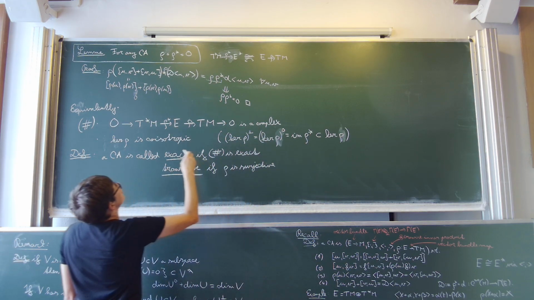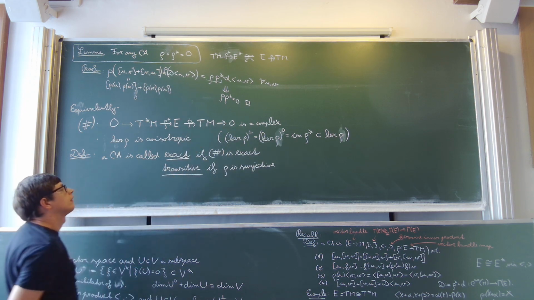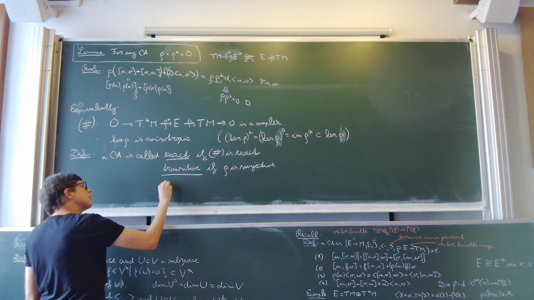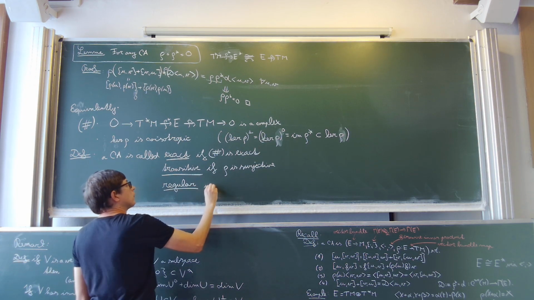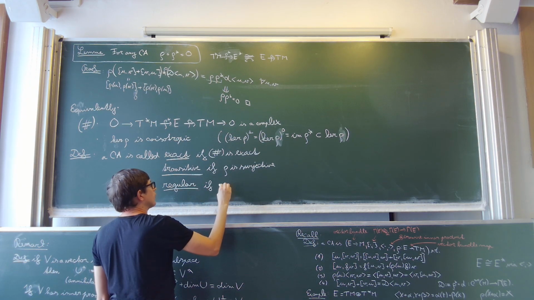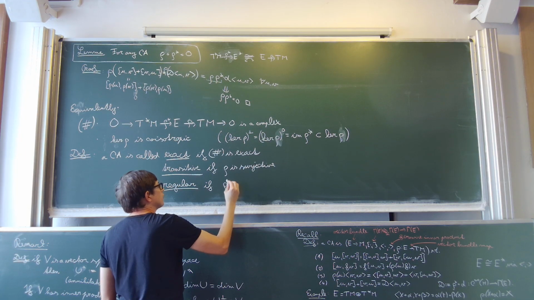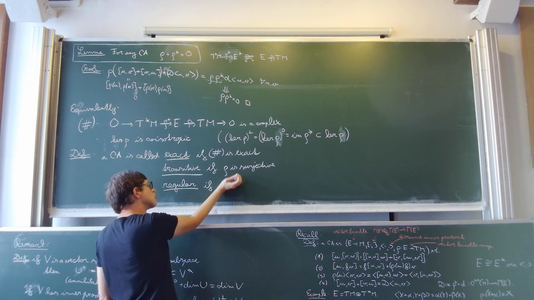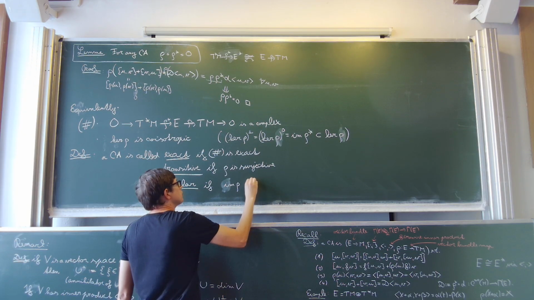In other words, this sequence is exact at this point. And even more generally, it's called regular if row has constant rank, that is, the image of row has constant rank.